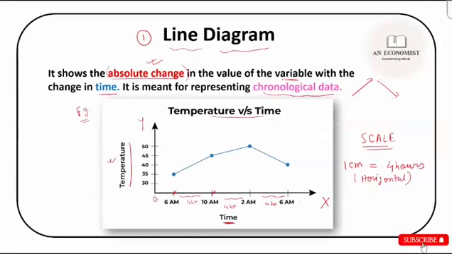So you are starting with 0 and the temperature then rises along this axis. Here you see after 0 you are randomly writing 30, but statisticians don't do that. To show that this is a discontinuous part, you are randomly writing 30 here, but this would be a wrong method.